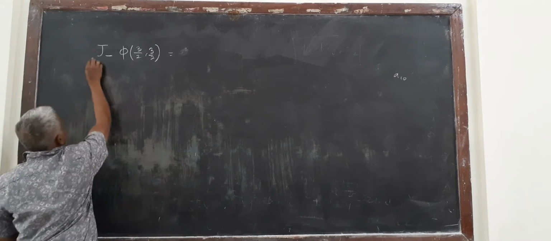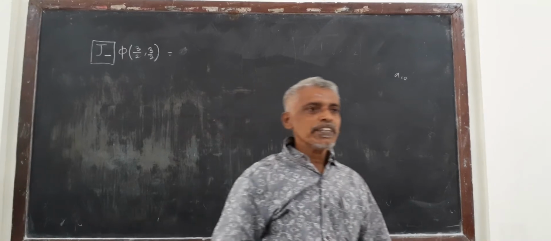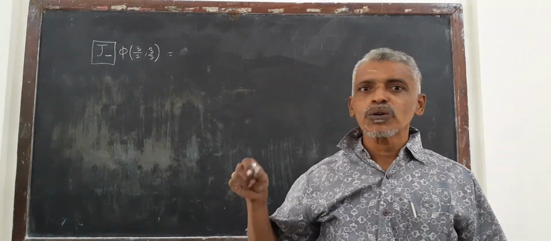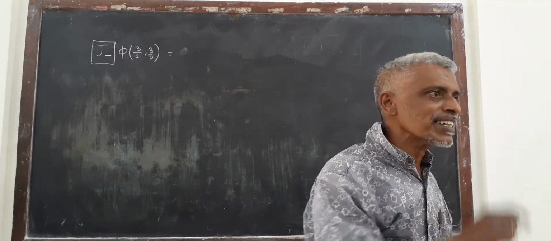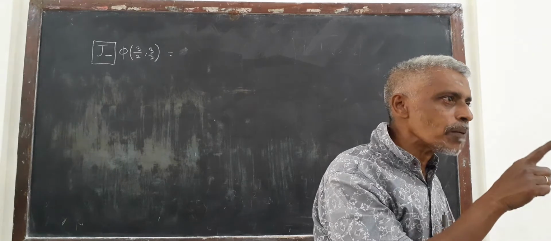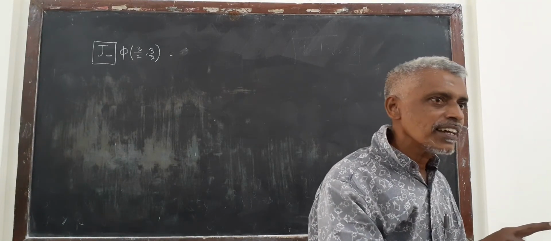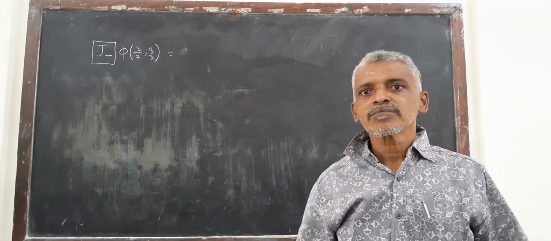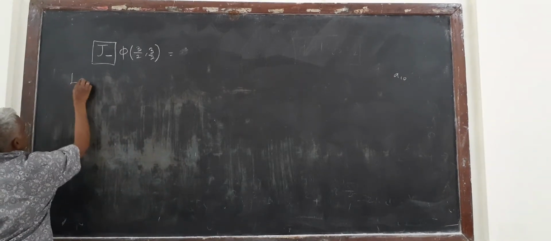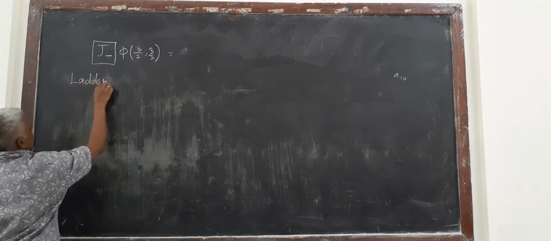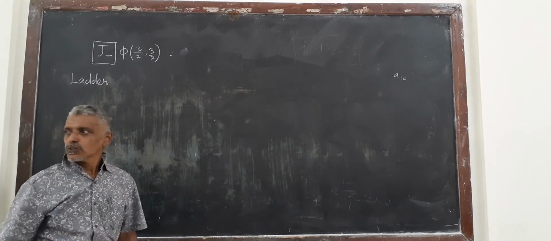Now, what is this? J minus. If I say that, immediately it will stick in our mind: J minus is one type. J is an operator. J minus is one special type of operator and it is under a title, ladder operator.